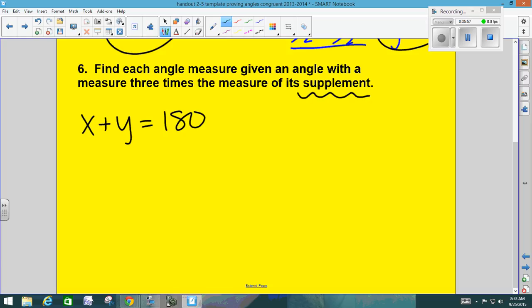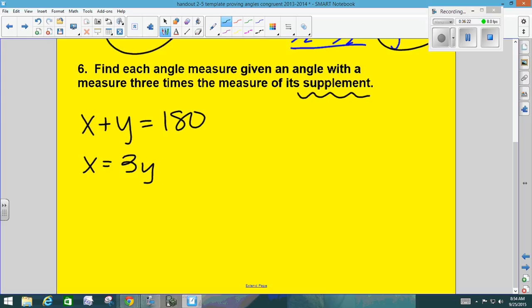One of the angles is 3 times the other one. What kind of equation can I write from that if one of them is 3 times the other one? Jimmy? X equals 3y. X is 3 times the other one, so x equals 3 times y. Two equations, because I have two equal signs.